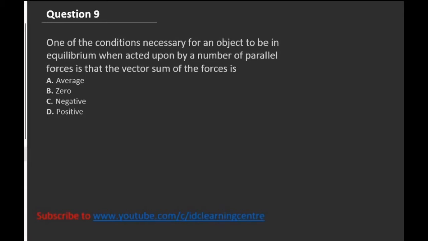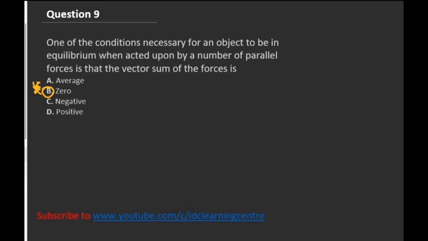For this question, the right answer is B, 0. The algebraic sum of the moments of all the forces about any point is 0 when those forces are in equilibrium. That is why I picked B as my answer.